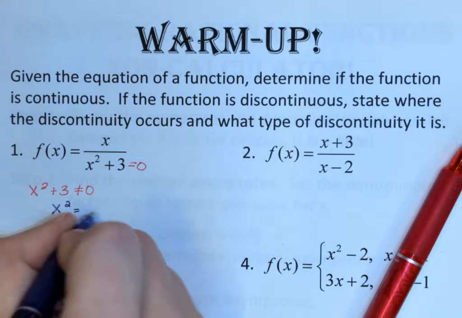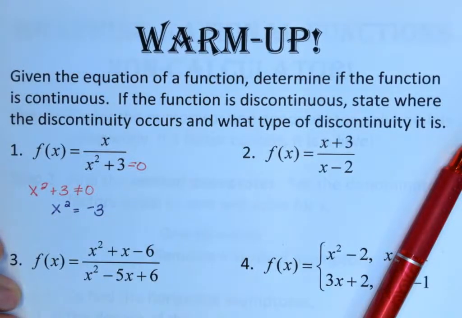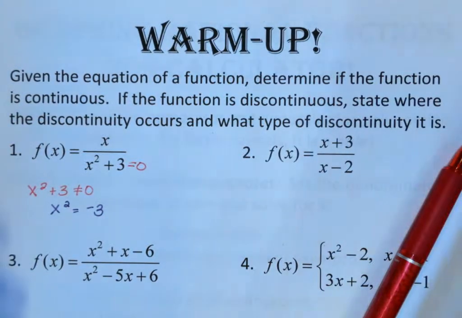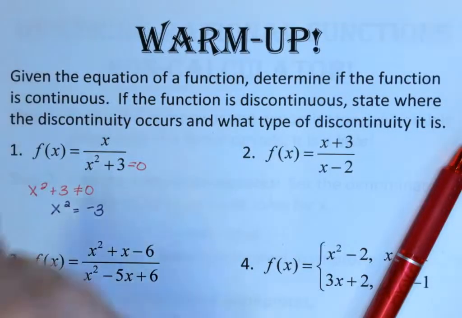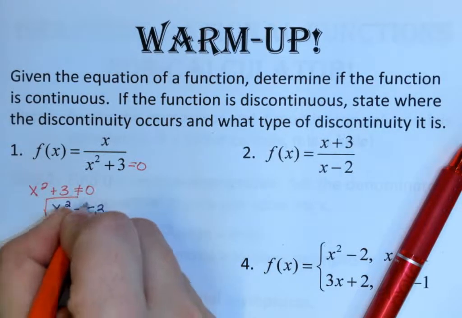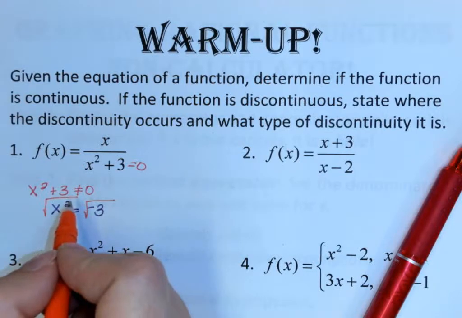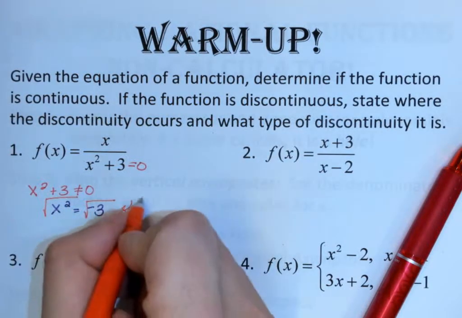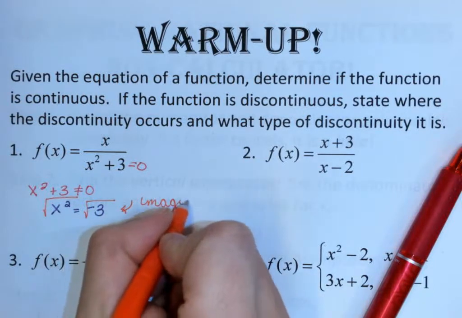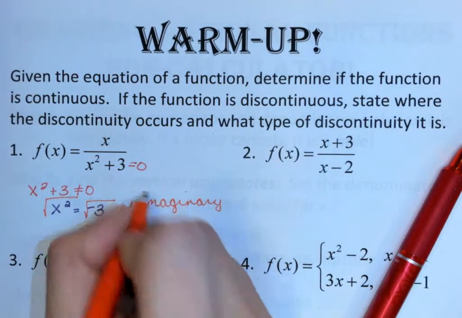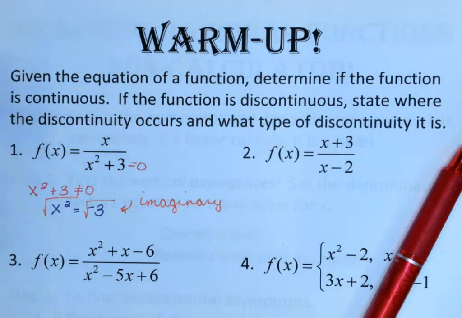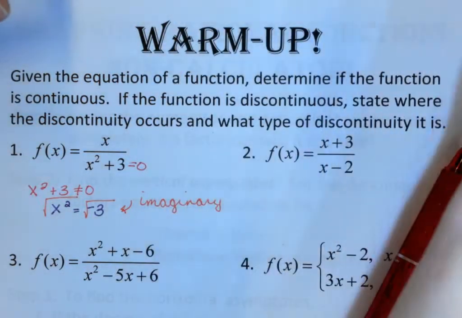wait a minute. When I go through and solve it, what's happening here? Yeah, we're going to have the square root of a negative. So is that going to give me a restriction? No. So since that is imaginary, and we're talking about continuity only over the real numbers, we get to actually just call this dude continuous.